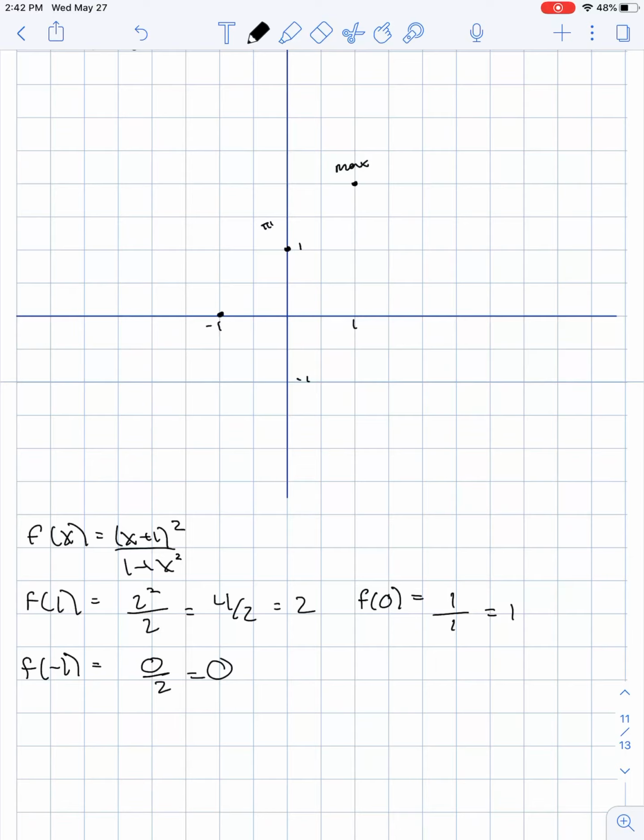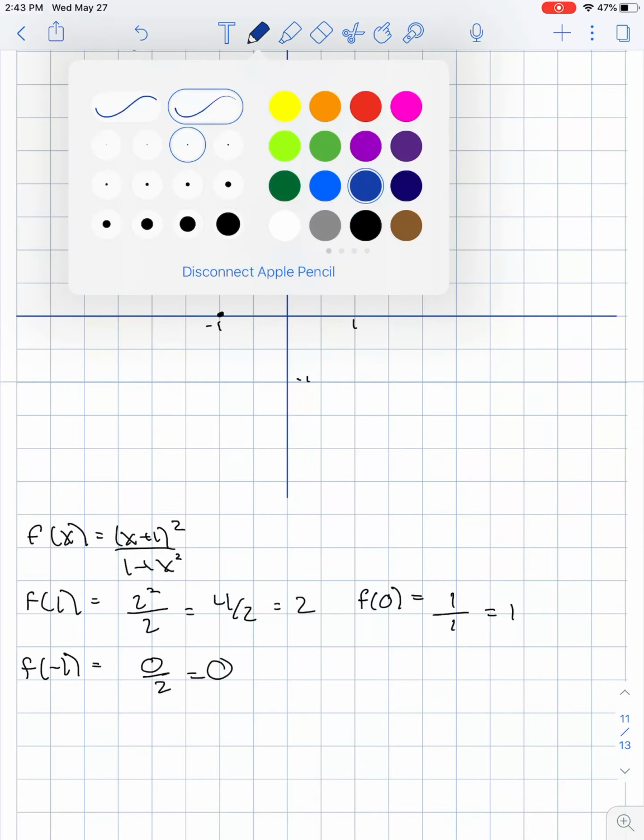That's nice. That's an inflection point. Let's make our inflection points a different color. I'm going to make them blue.